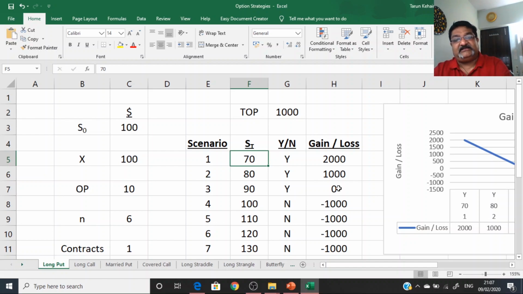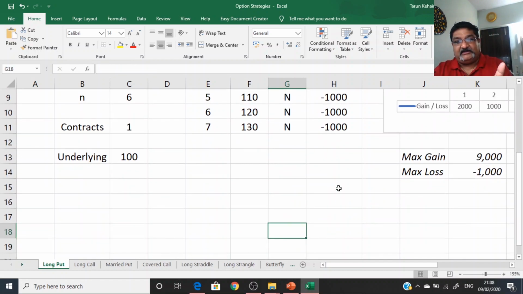When he exercises the put option, he is able to get $100 per share, which is a net profit of $100 per share into 100 shares in that particular contract, makes it $10,000 minus the $1,000 which he anyway has to pay, gives you a maximum gain of $9,000. However, his downside is capped. By this particular strategy, he's capping his downside, and his downside is capped to $1,000.